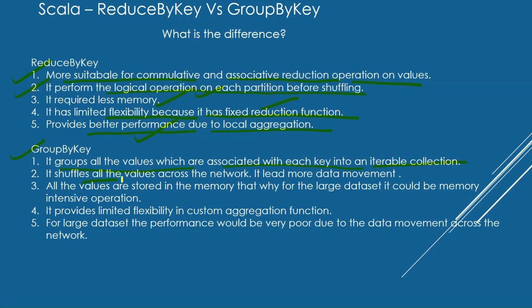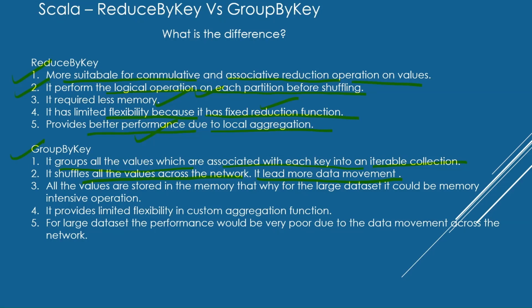It shuffles the data across executors. It leads to more data movement. As I told you, the aggregation happens after the grouping of the data, and during the grouping there is a lot of data movement across the different executors over the network.